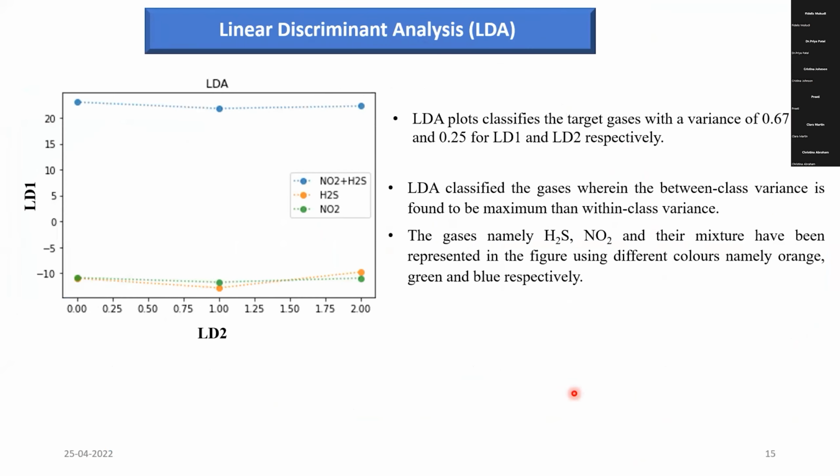And here is the LDA plot, and the LDA plot classifies the gases with the variance of 0.67 and 0.25 for LD1 and LD2 respectively. Here also you can see different gases have been classified using the LDA plot. LDA classifies the gases wherein the between-class variance is found to be maximum compared to the within-class variance.